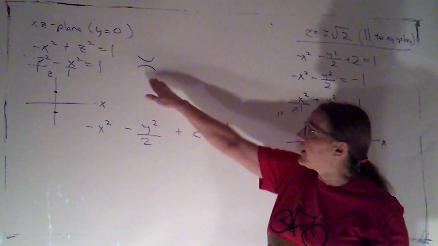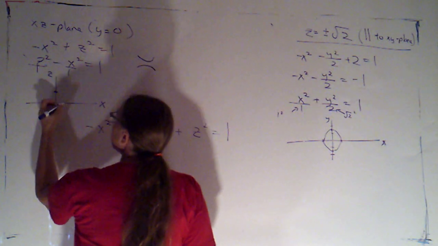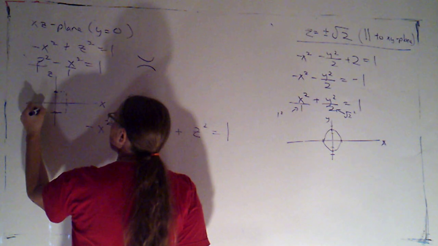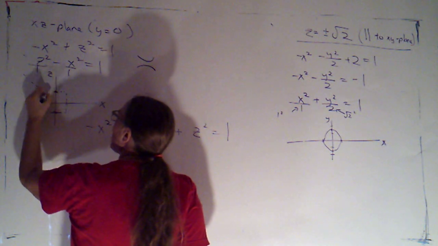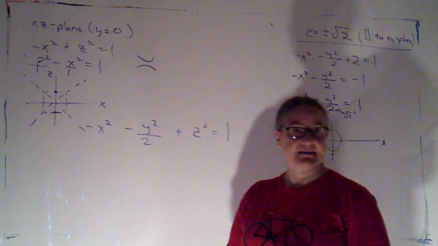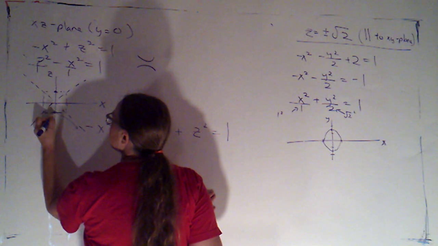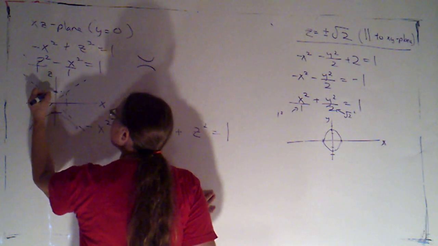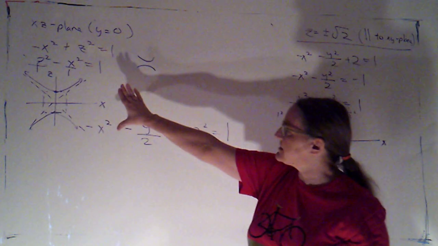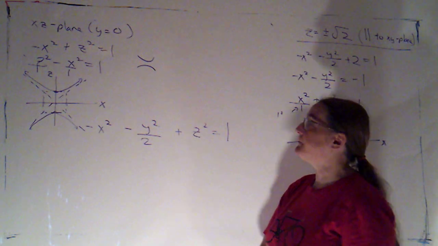Then in order to figure out how narrow or wide to make those branches, I'm going to come 1 over in the x direction so that I can draw in these diagonal lines here, which are the asymptotes for my branches. And so then the bottom branch approaches those asymptotes, and the top branch approaches those asymptotes, and that's the hyperbola we would see in the xz plane.